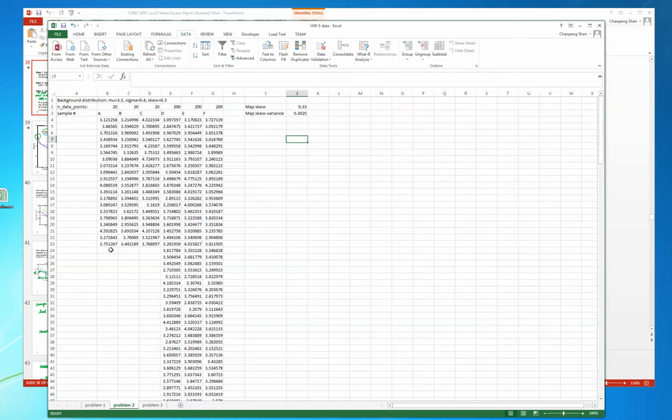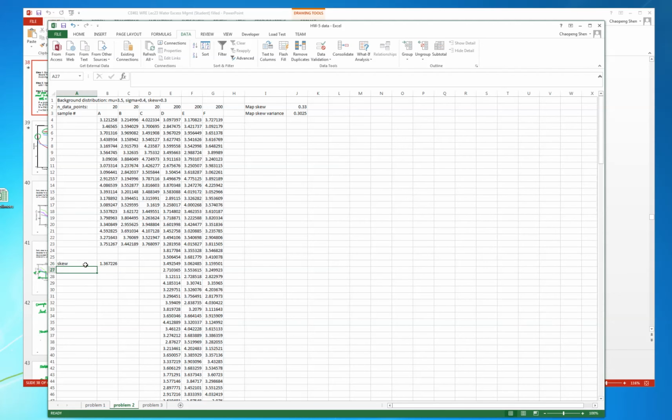Problem number 2 asks you to calculate the statistics for these different columns. Each column is a sample. For example, for this one we have skew, and you can calculate it. This is a very straightforward application. This is the skew.